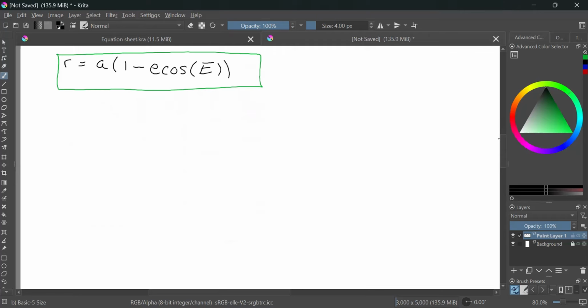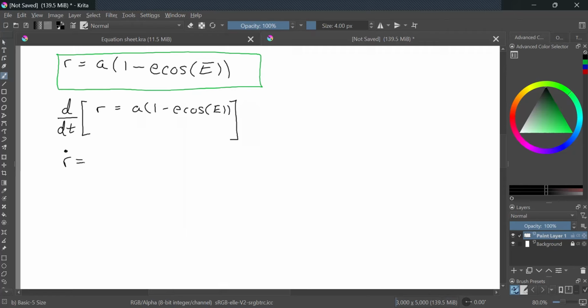When I think of time elements, the first thing I think of is a time derivative. So it is not a bad place to start. If we were to take the time derivative of both sides, then we have r dot is equal to... A is not changing in time, but R changes in time, so we can have that be R dot.